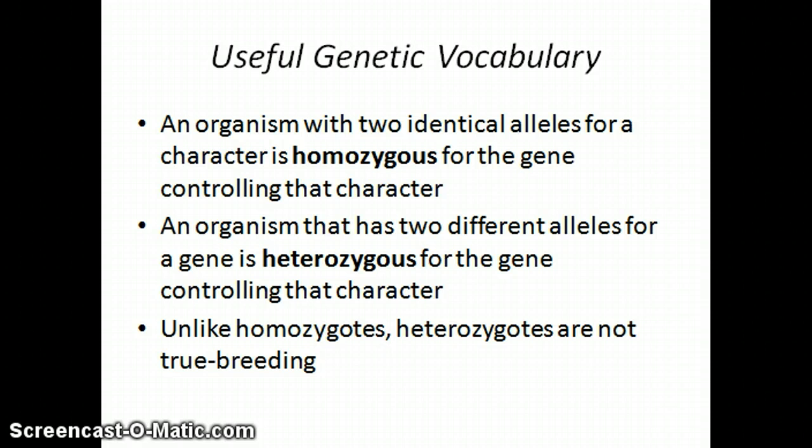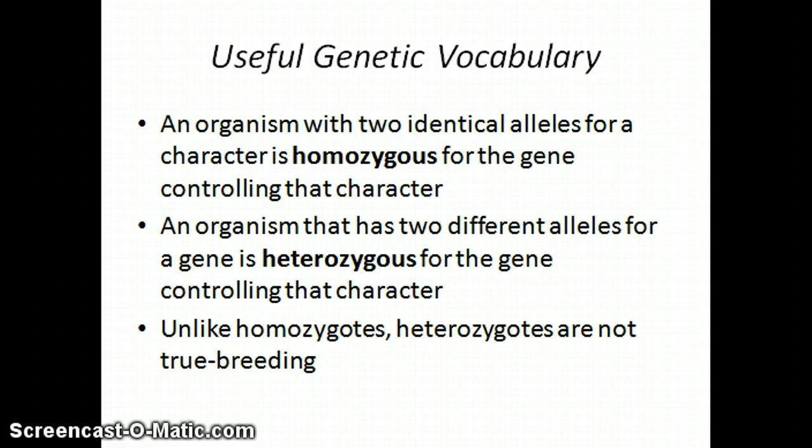A person is then homozygous for the gene controlling that character. Heterozygous means you have two different alleles for that gene. So unlike homozygotes, heterozygotes are not true breeding.